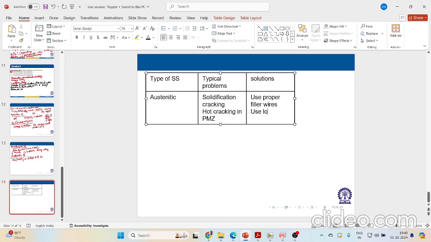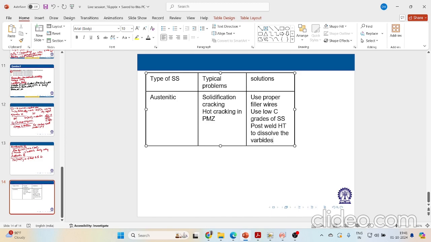Use low carbon grades of SS. You can do post-weld heat treatment to dissolve the carbides. Okay.